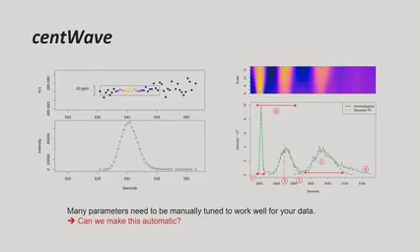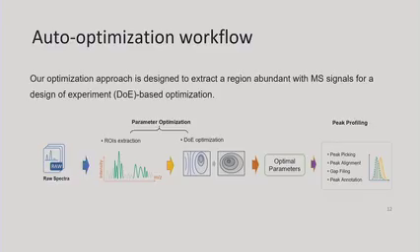So the most critical question here is, can we make this process automatic? To resolve this issue, we developed an auto-optimization workflow in MetaboAnalyst. Our optimization approach is designed to extract a region from your data.